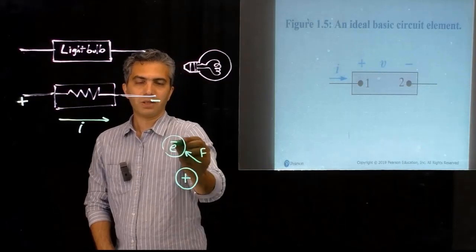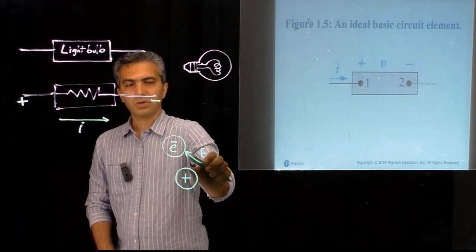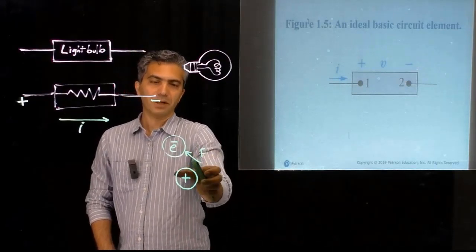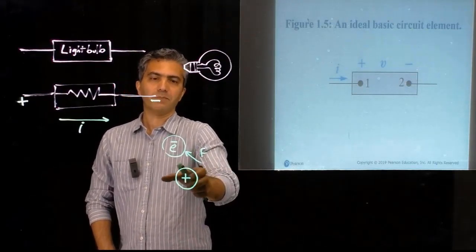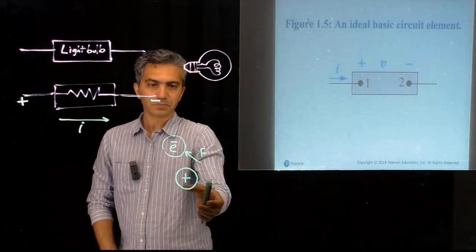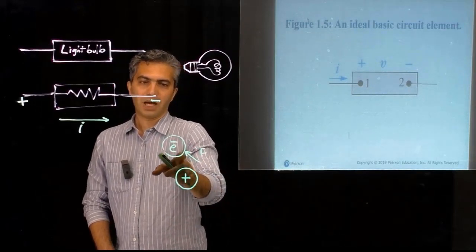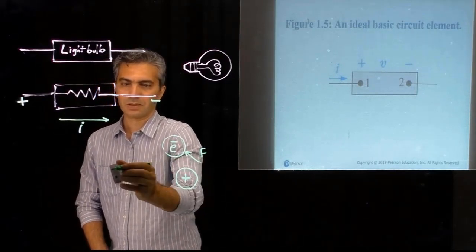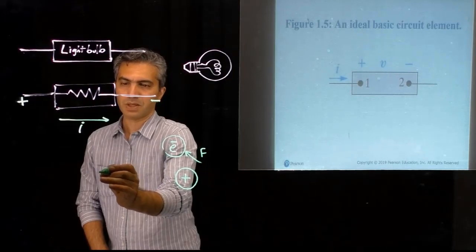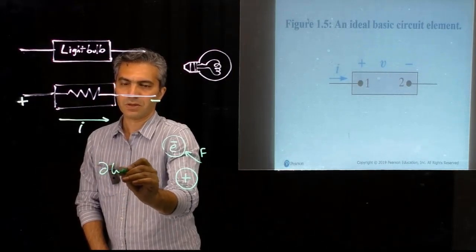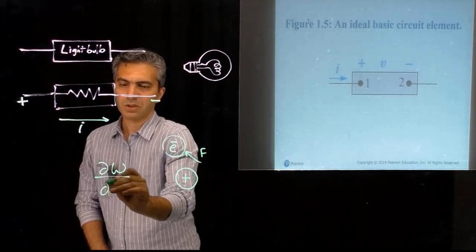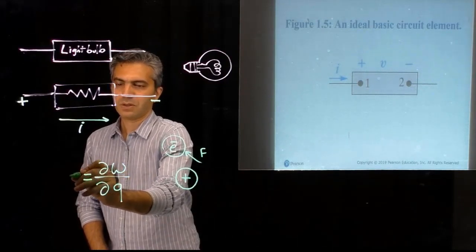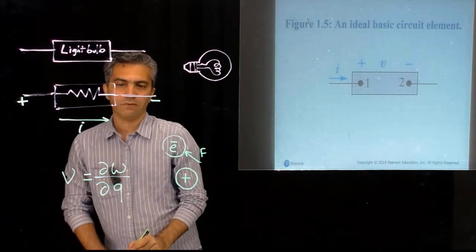So as you separate the two charges, you inject energy in the system, and this energy is going to be preserved in the system in the form of potential energy. Now, if you take the potential energy that we discussed in this system, and take the derivative of this energy with respect to the unit of charge, this is the definition of the quantity voltage.